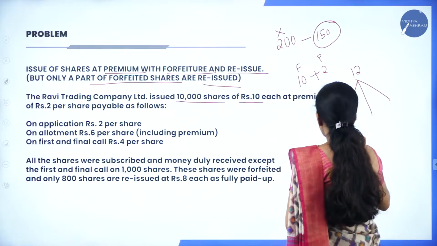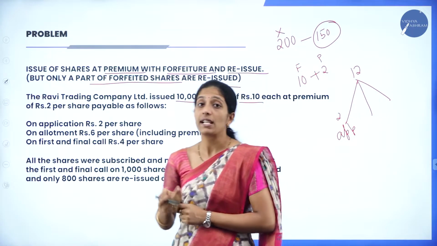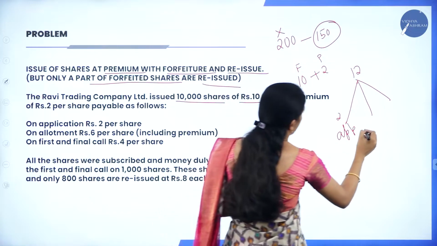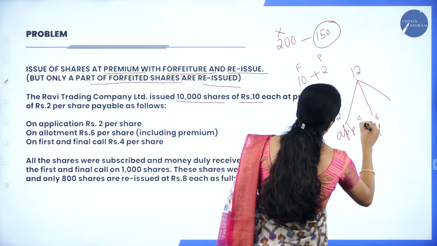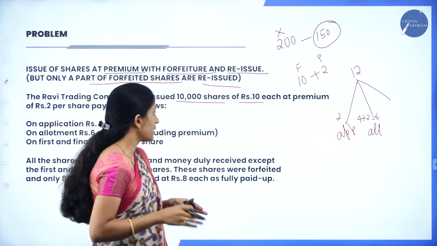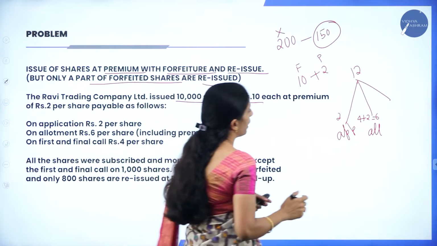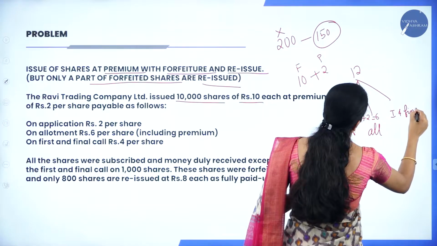So on application 2 per share, allotment 6. Here they have clearly given allotment 6 including premium. So it will be 4 plus 2. 2 rupees is a premium, 4 plus 2. And call, first and final call. So how much is it?